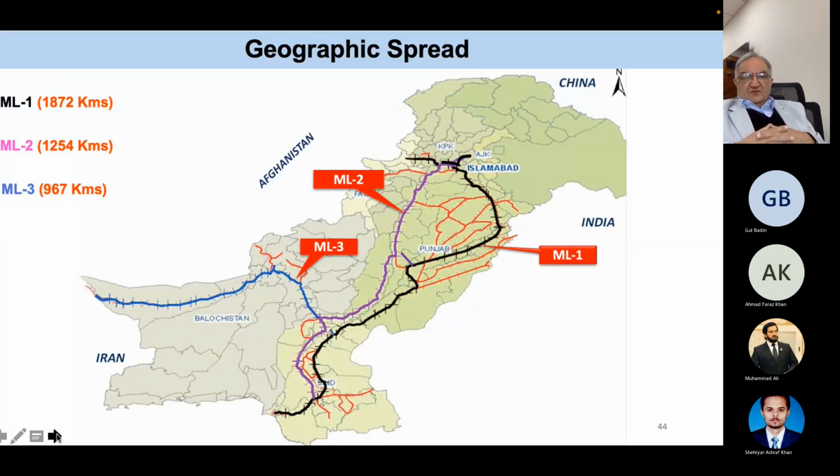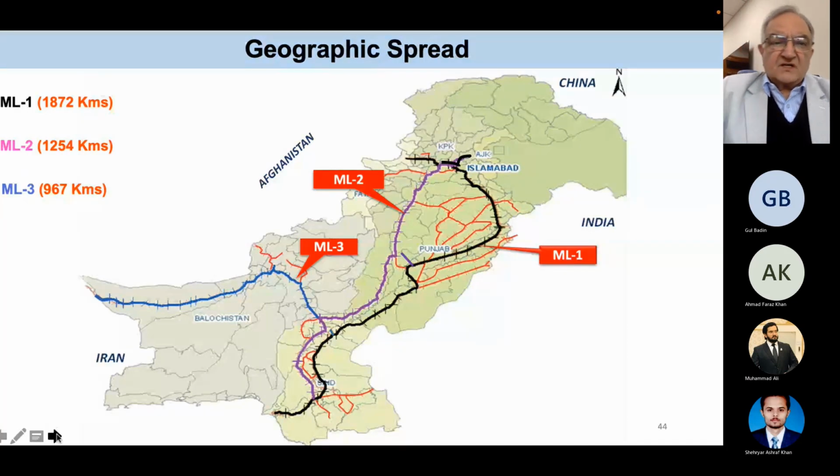You see in the south are the ports, and then you have the hinterland in the north, and the industrial areas, the agriculture areas in the heart of Punjab and KP and Upper Sindh. So ideally, a good country for any railway system, whether it is a passenger thing or a freight thing.